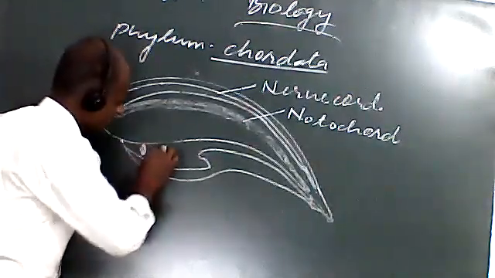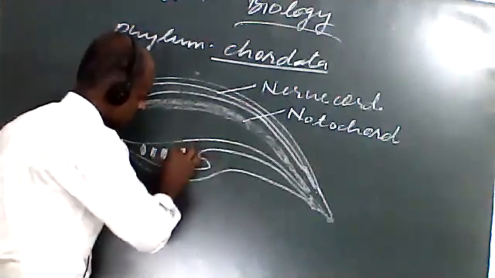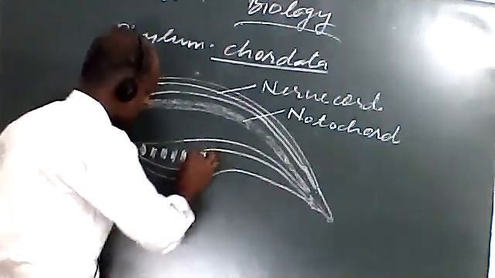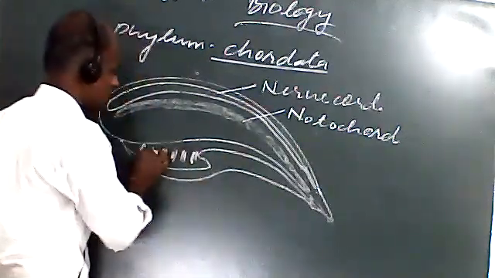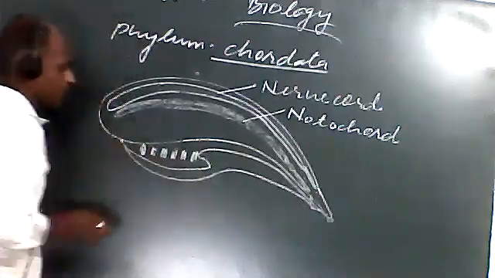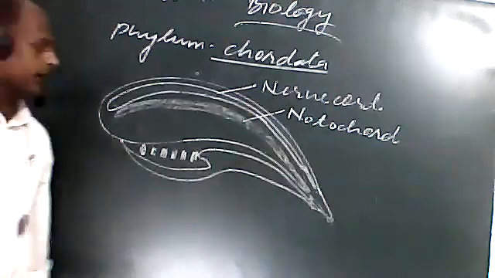Such types of structures are found in the body of organisms, and they are called gill slits.